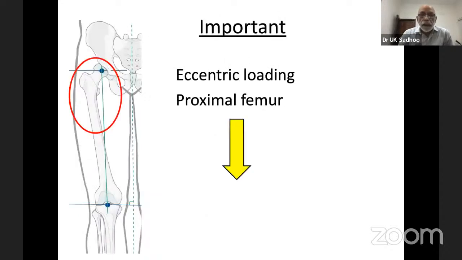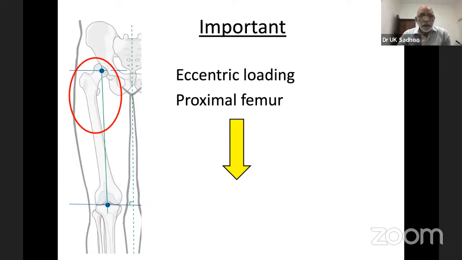In an intact femur, as you can see, the line of weight bearing from the head to the center of the knee passes medial to the neck. What that does is it sets up an eccentric load which predisposes to a varus load on the femur.